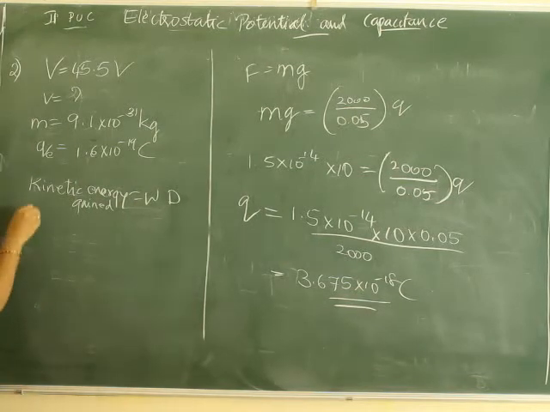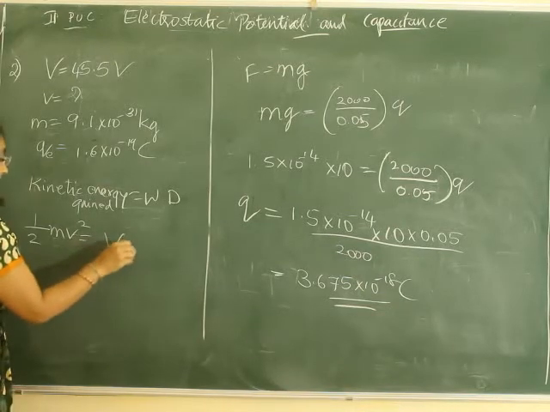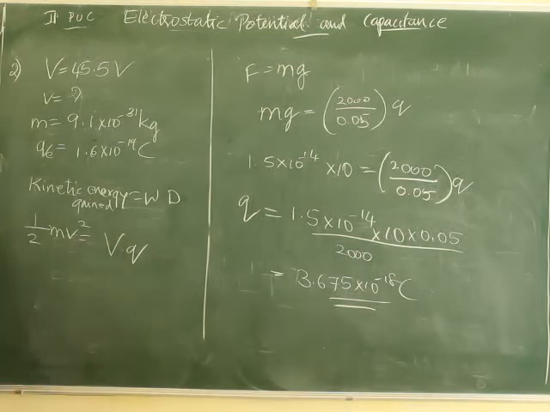Now if I substitute, half m v square is equal to the work done. Work done is nothing but potential into charge.